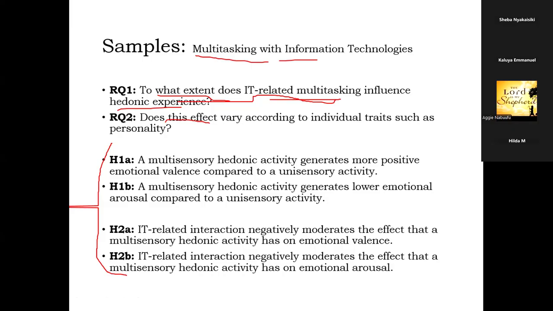So they are basically saying if I'm doing an activity that involves me watching and listening, I get more pleasure than from a unisensory activity, maybe texting. If I am on Twitter, for example, which allows me to watch, to listen, and maybe even comment, I get more pleasure doing that than using the SMS application where I'm simply typing a message and I may not get my response now. I may get it tomorrow.